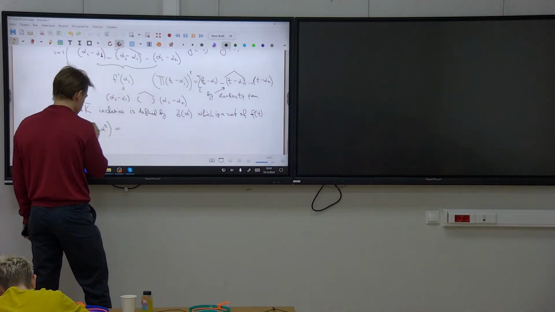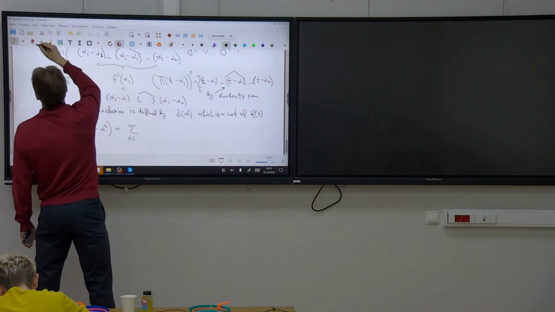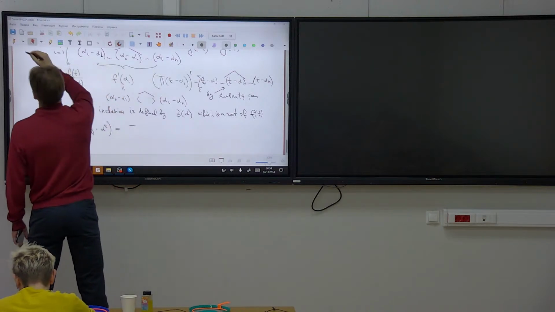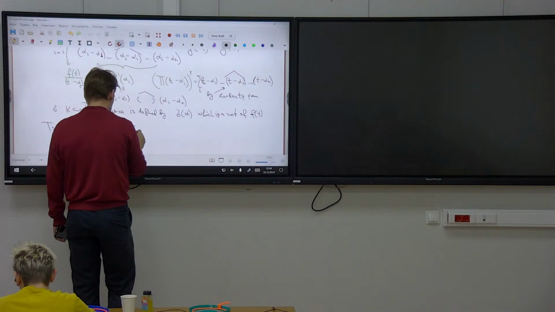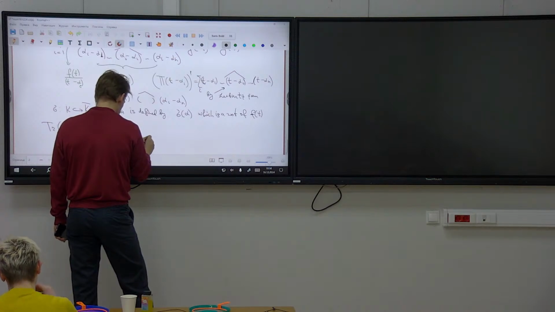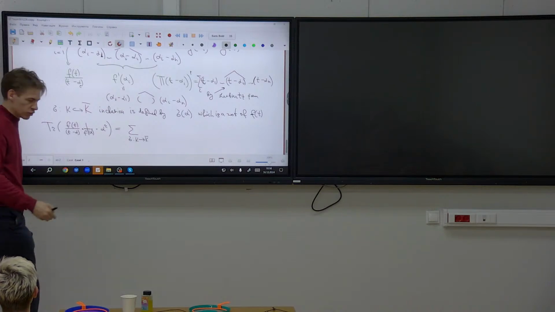This is precisely the sum over all possible inclusions of k into k bar.